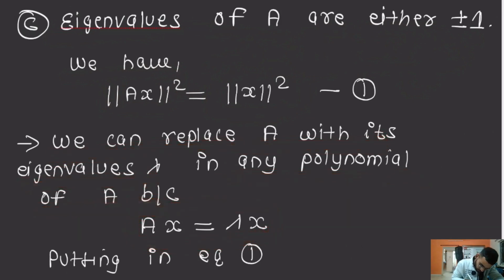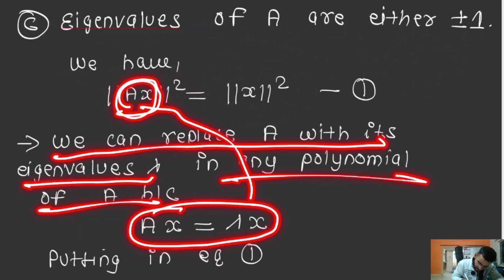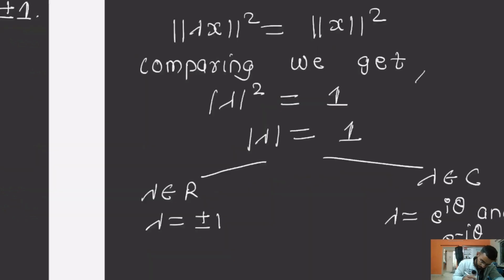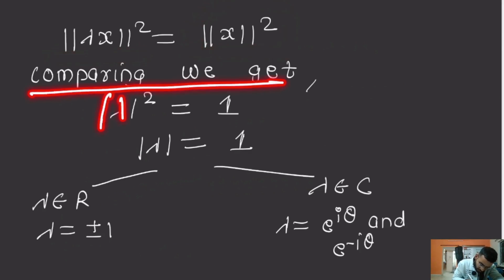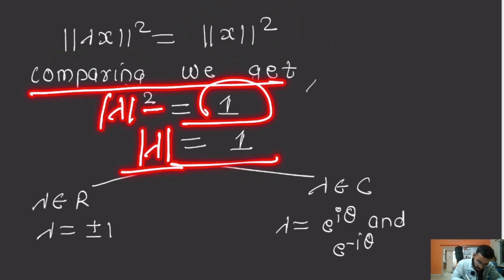If we replace Ax with lambda x, then we get norm of lambda x squared equal to norm of x squared. Comparing both sides, we get absolute value of lambda squared equal to 1, so the absolute value of lambda is equal to 1.